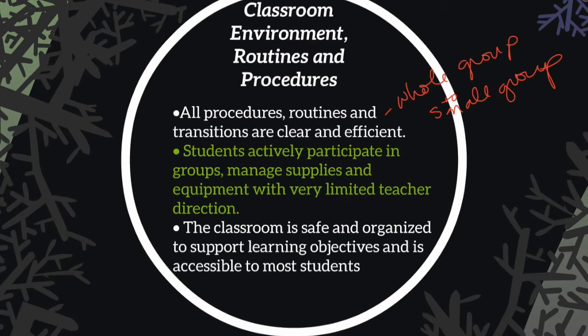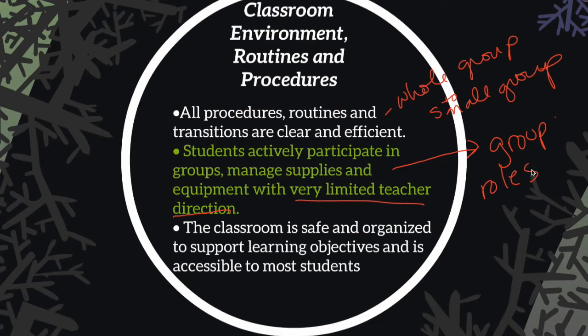Also in this one, you have students actively participating in groups, managing supplies, equipment with very limited teacher direction. As you go up in the descriptors from proficient to accomplished to distinguished, this very limited teacher direction becomes less and less to the point where the kids just take care of it on their own. So one of the things to really think about with actively participating, if they're working in groups, for example, is having some group roles and responsibilities.